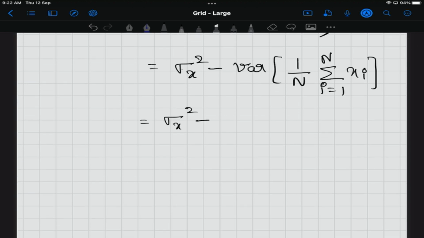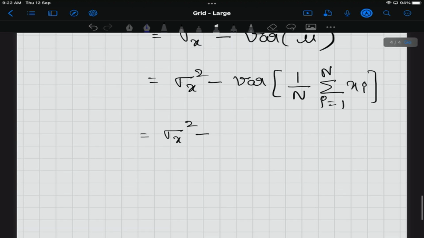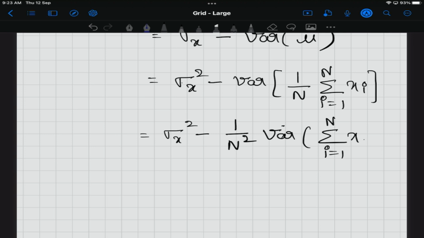Then, if I take the variance inside, what is the variance of aX, where X is a random variable and a is a scalar? It is a square into the variance of X, right? So this is 1 by n square into the variance of summation i equals 1 to n xi.